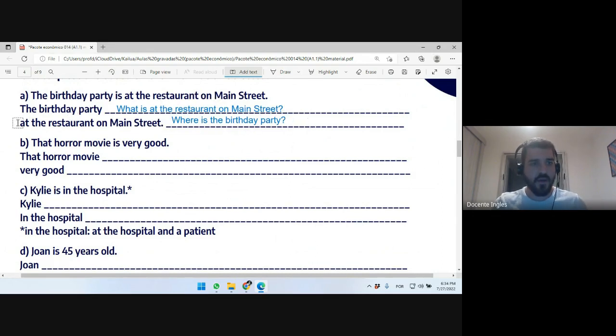Again, all this information cannot be in the question. All of this is substituted for where. And the rest of the sentence, the birthday party is. It's interrogative, so we have to invert verb to be.